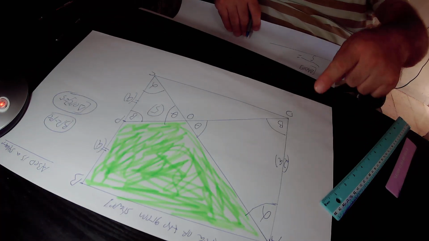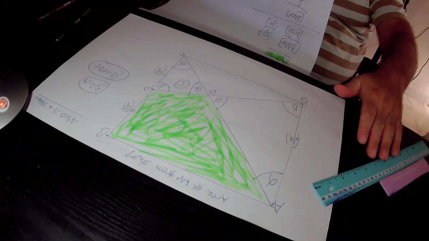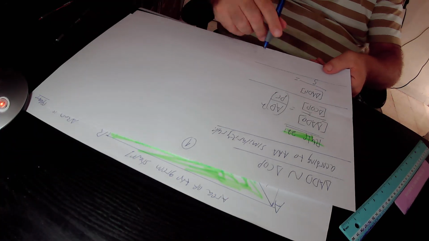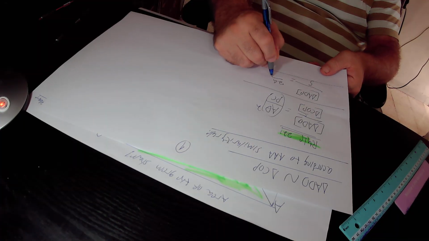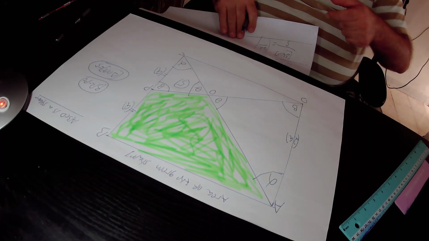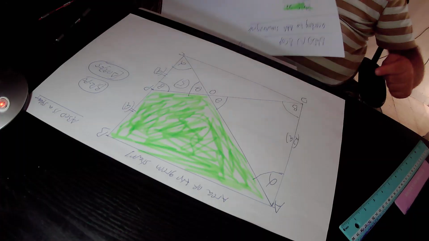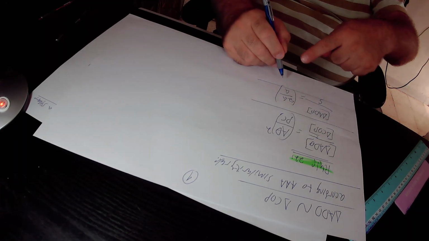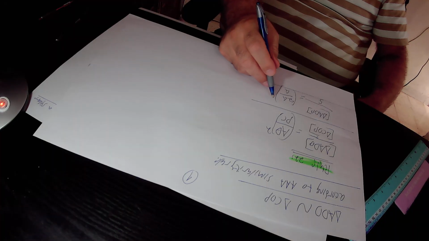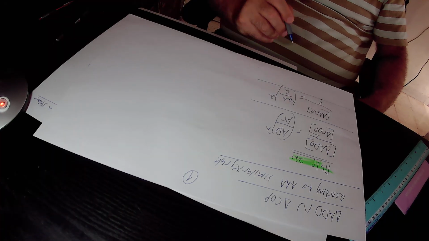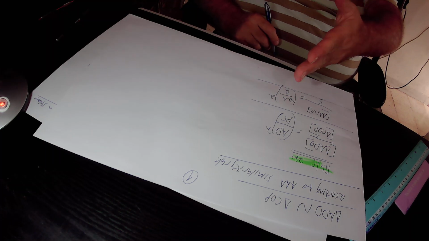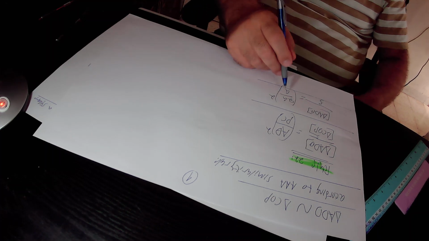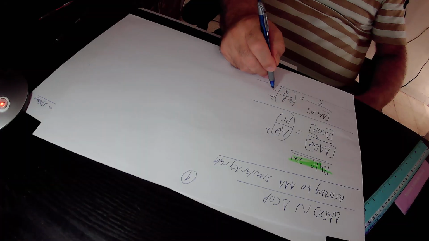AD is 2A, over PC. PC is A. AD over PC squared. So we have to square this expression. So we have 2A over A. We have A in the denominator and A in the denominator, so A will get cancelled. And we are left only with 2 squared, it is 4.